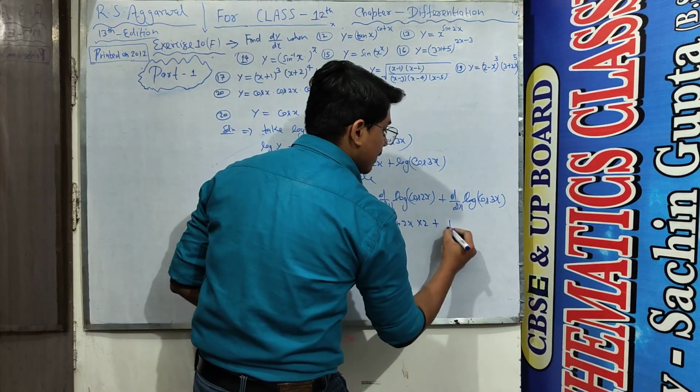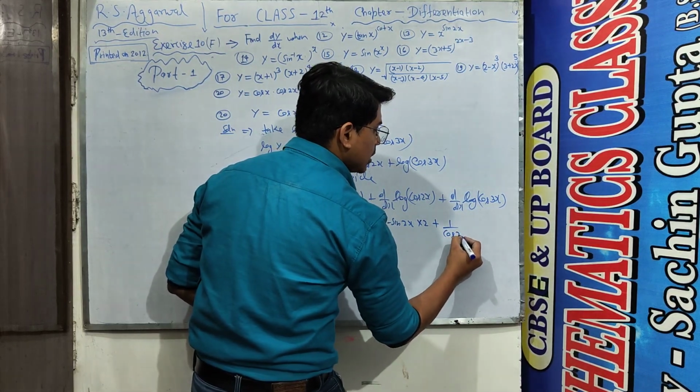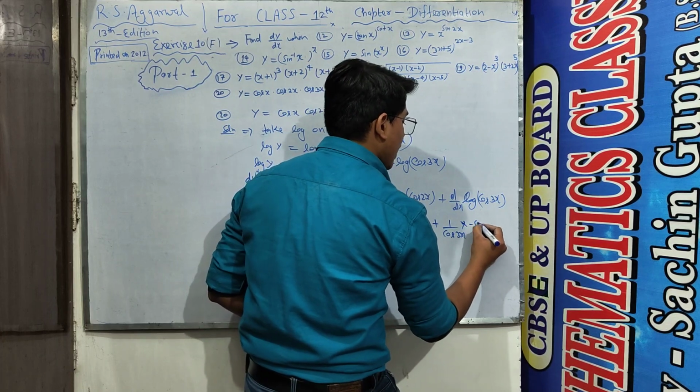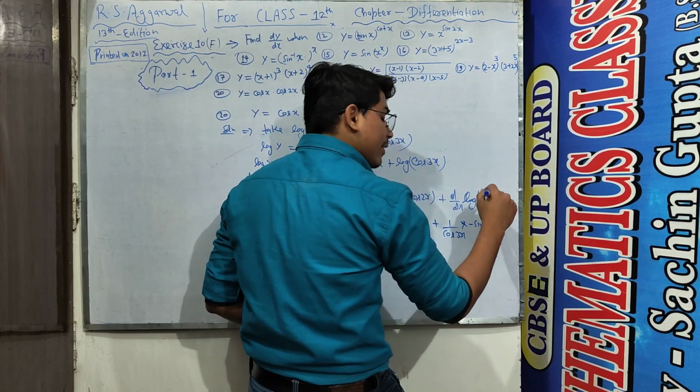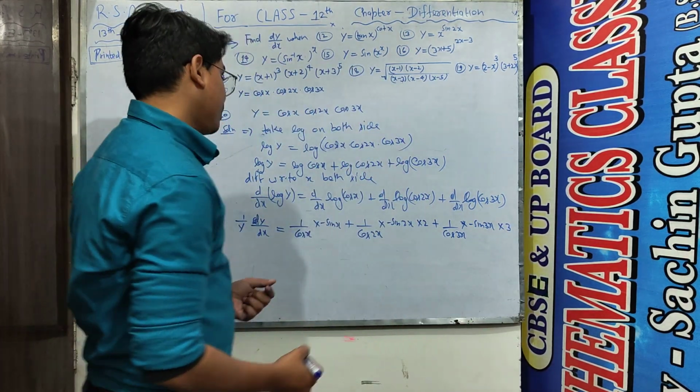And differential of log cos 3x is 1 upon cos 3x, and we again differentiate cos 3x, then it becomes minus sine 3x, and when we again differentiate 3x, it gives the differential of 3.